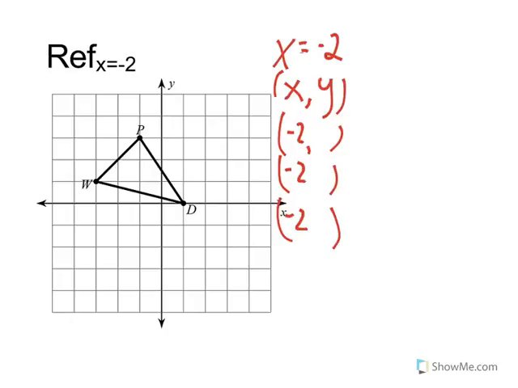And then you can put whatever you want for your y. The reason you know all the x's are negative 2 is because x equals negative 2. So if I plot those points, negative 2, 1, negative 2, 2, negative 2, 3, the line should create itself like that.